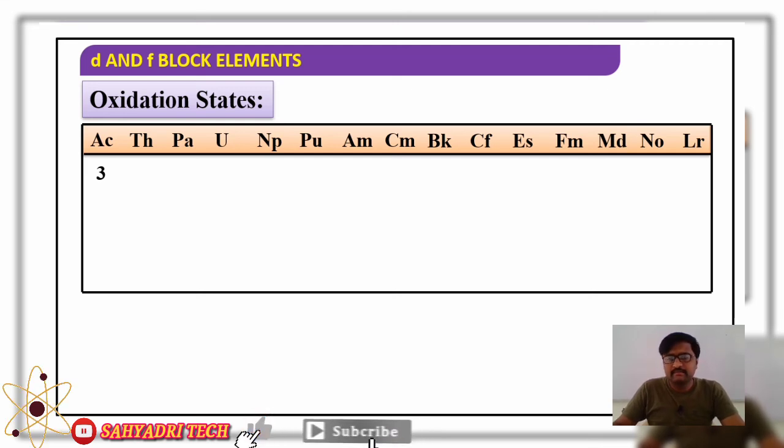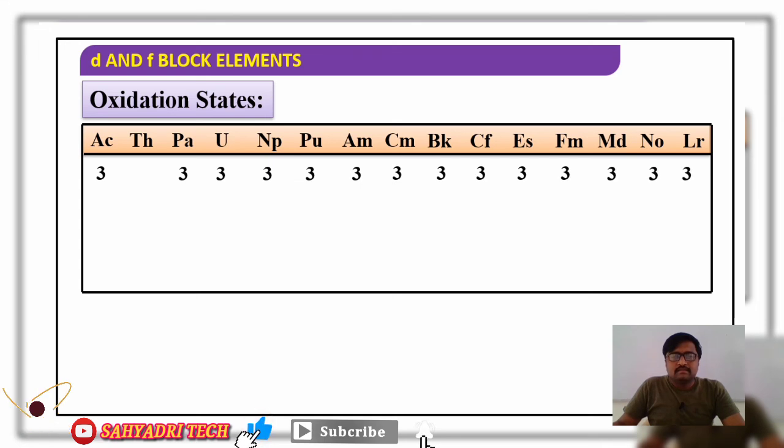Actinium, the first member of the family, shows the +3 oxidation state. Protactinium also shows +3, and so do uranium, neptunium, and so on up to lawrencium. Thorium does not show a stable +3 oxidation state.